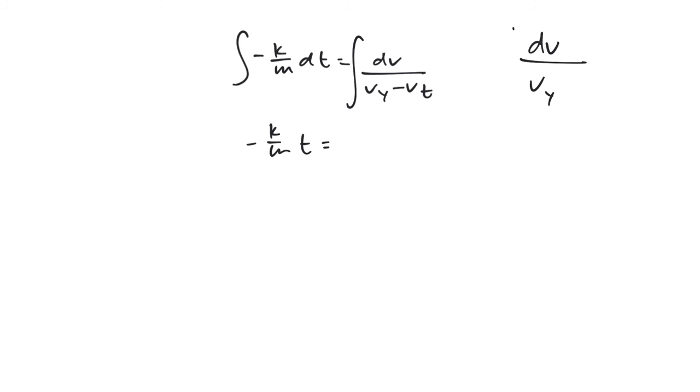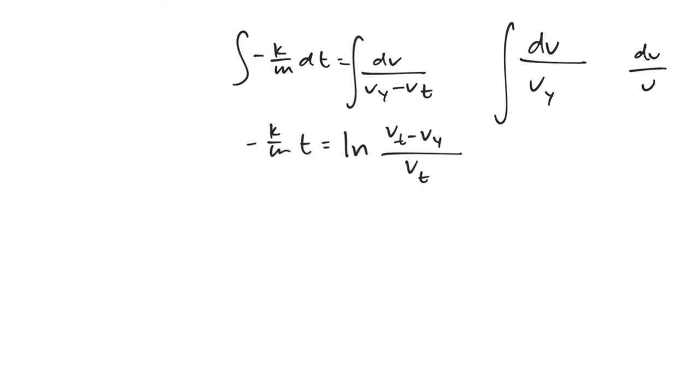You can see the integral of that is like du over u, so that is going to be a natural log. Oh, nope, it ends up being negative: the natural log of (Vt minus Vy) over Vt.